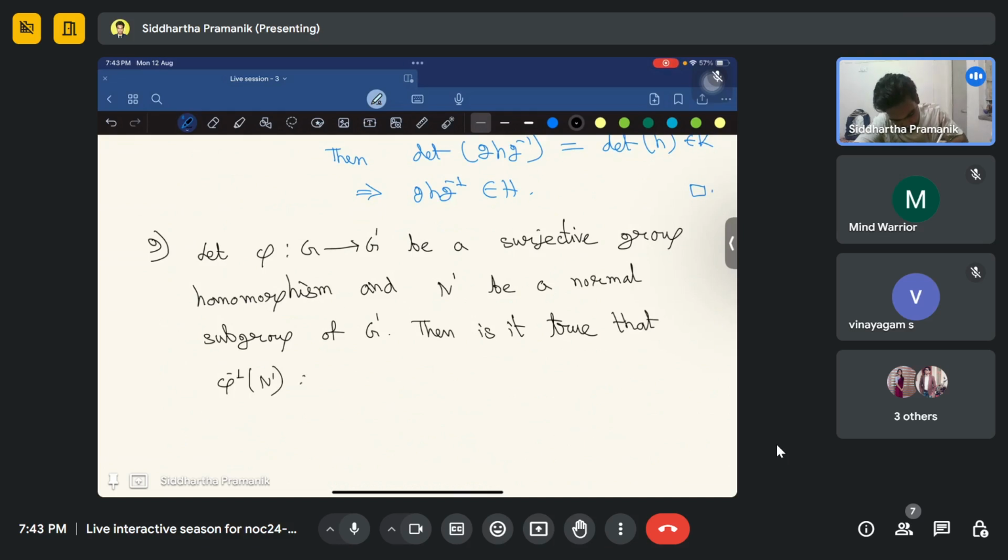Okay, let me write down the set precisely. This is g belongs to G such that phi of g is in N prime. So then is it true that this set, phi inverse of N prime, is a normal subgroup of G?